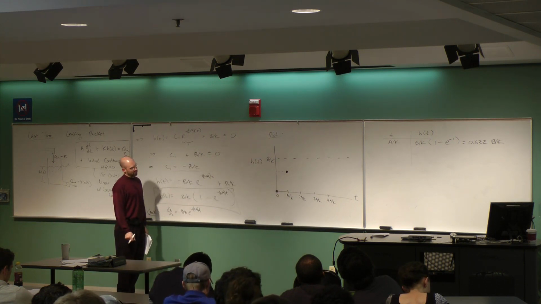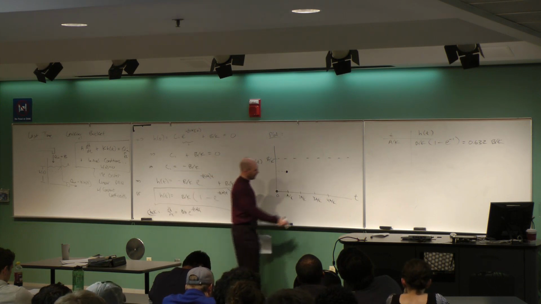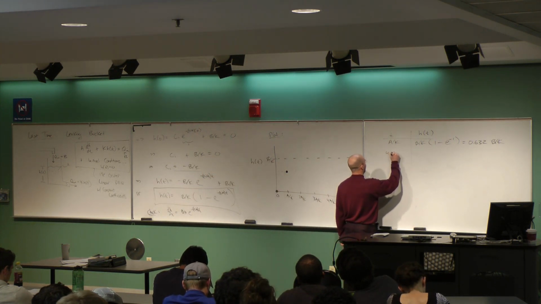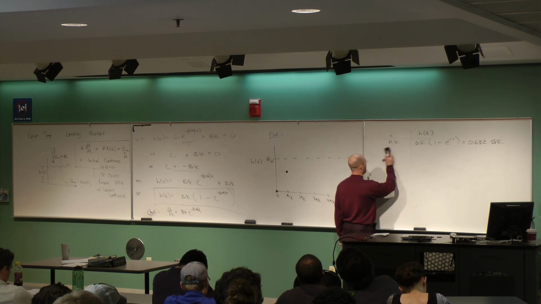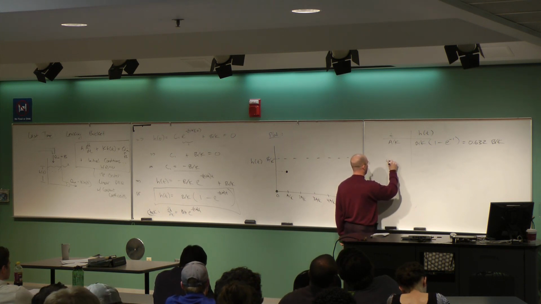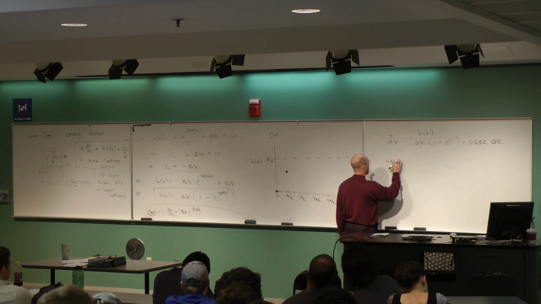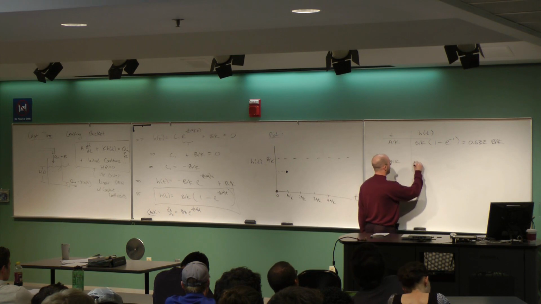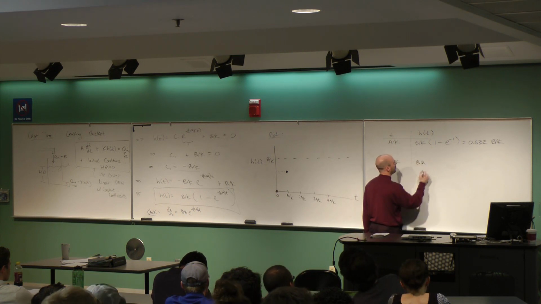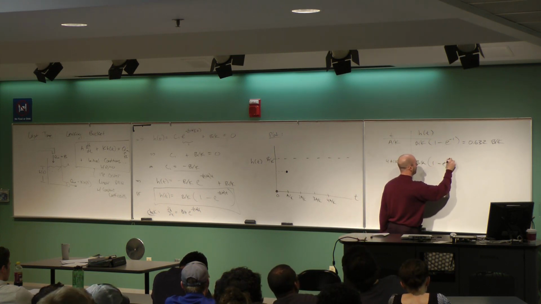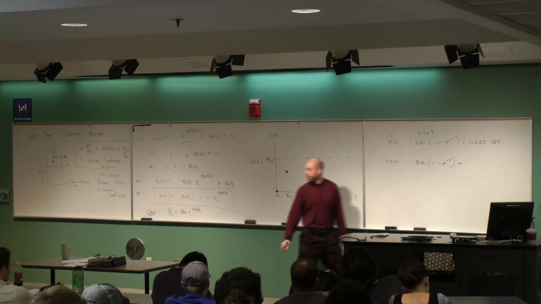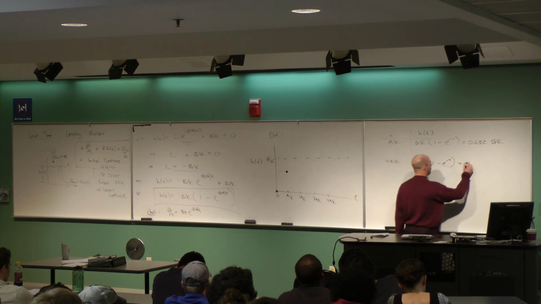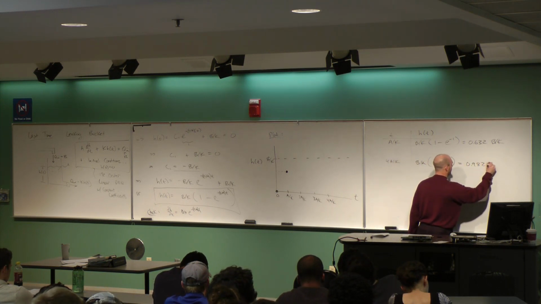What about 4a over k? Maybe we'll need one in between, so I'll save a spot. Can you see the pattern here? What's h of t going to be? It's b over k times 1 minus e to the minus 4 now, which is 0.982 b over k.